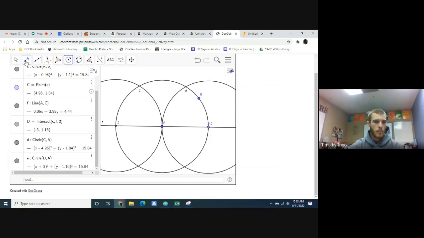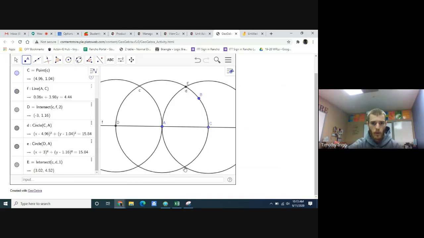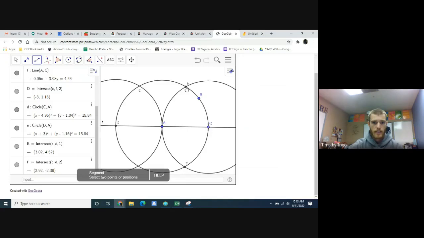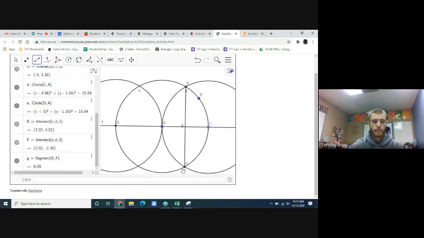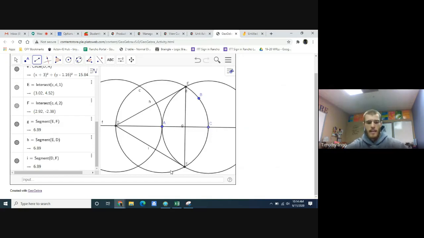Now, I want to put two more points. I want to put a point at this intersection and one at this intersection. Now, go back to the lines, go to segment. When you have the segment tool, connect E and F, connect E and D, and D with F. Do you see the equilateral triangle that we produced?